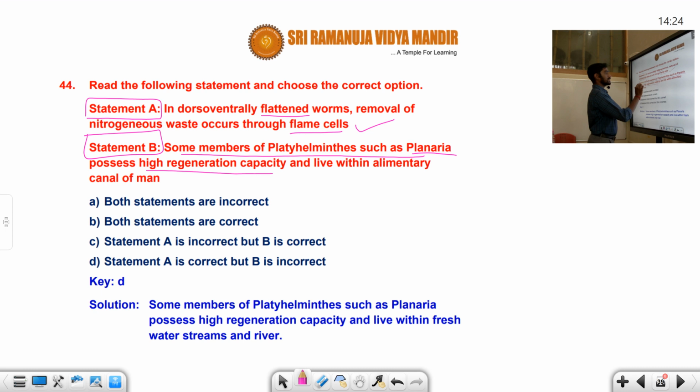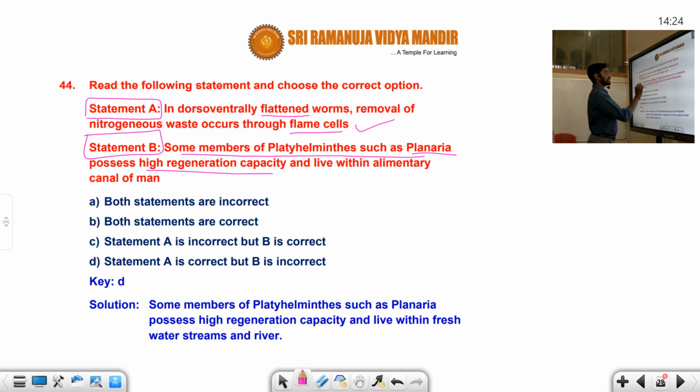Planaria are present in fresh water and rivers only. So this last part of the statement is incorrect. So A is correct and B is incorrect. What would the correct option be? Question 44, D is the correct option.